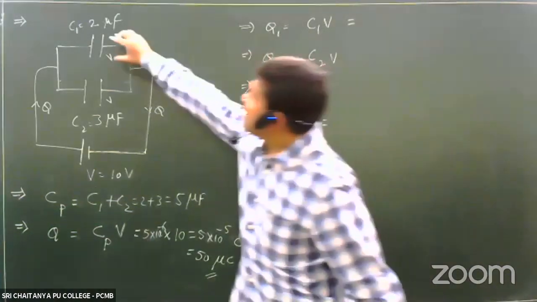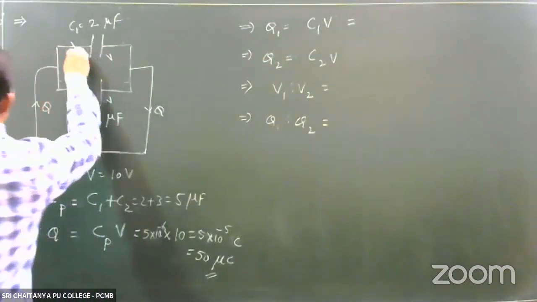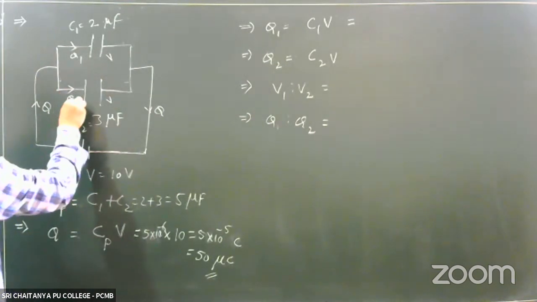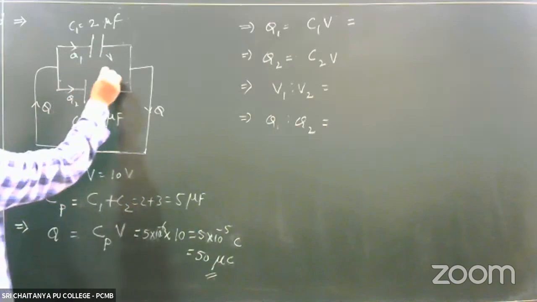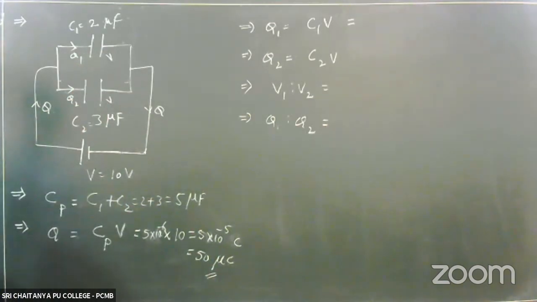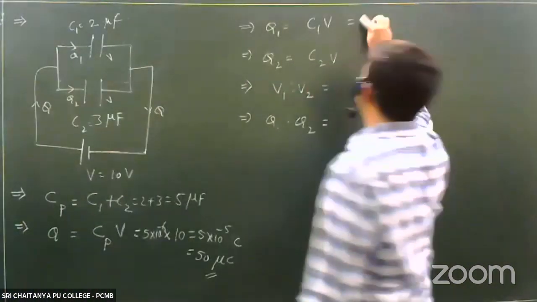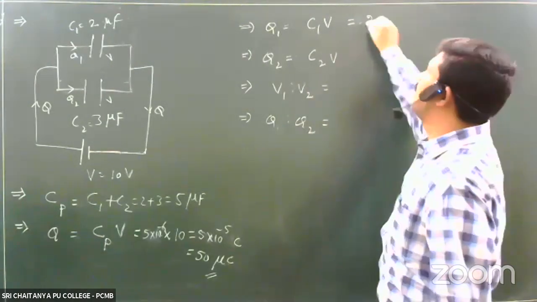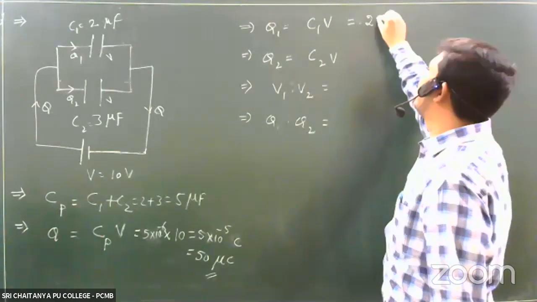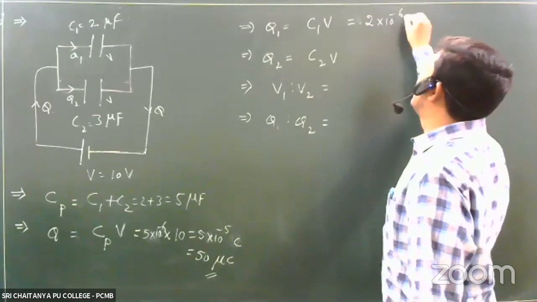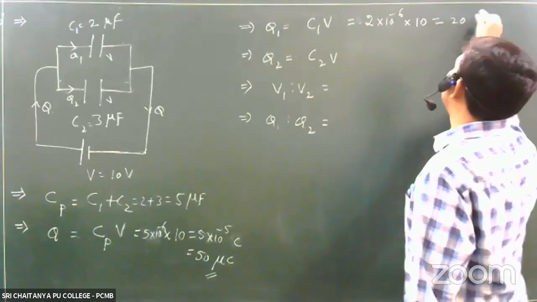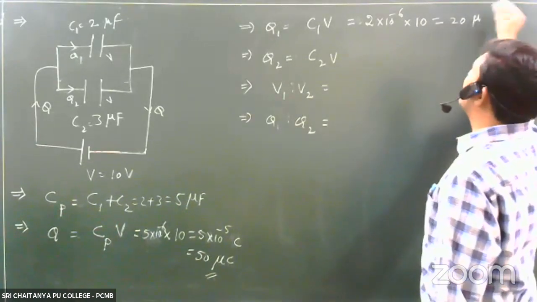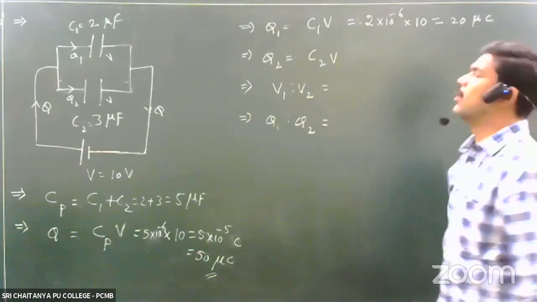So for this, the charge is C1V, and here it is C2V. C1 is 2, V is 10, so 20 microcoulomb.